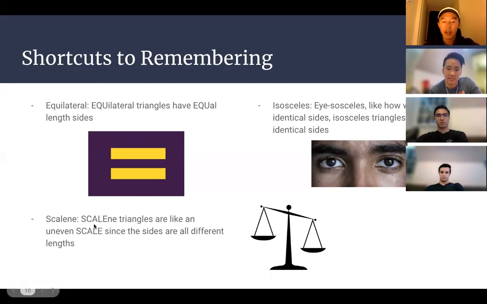And then for scalene triangles, kind of like an uneven scale, all of the different sides in the scalene triangle are different lengths. So like uneven, different, uneven scale, different sides. And then finally, the last one, isosceles. The beginning of isosceles kind of sounds like eye, and kind of like how we have two identical eyes, isosceles triangles have two identical sides.